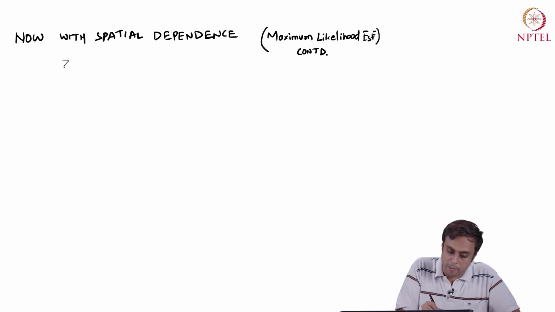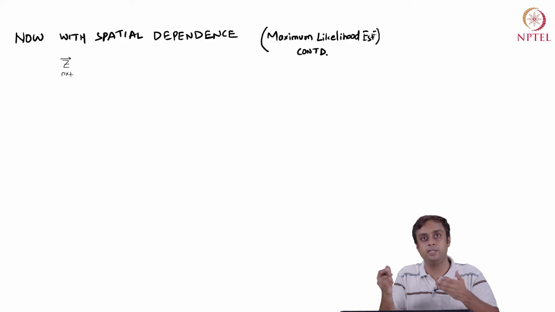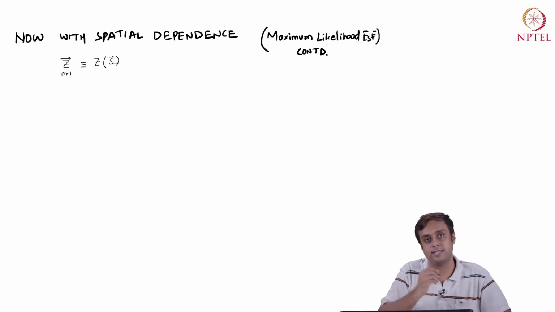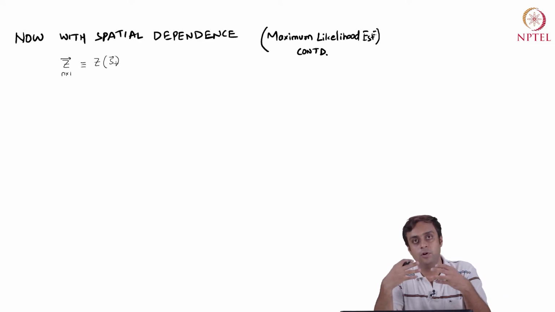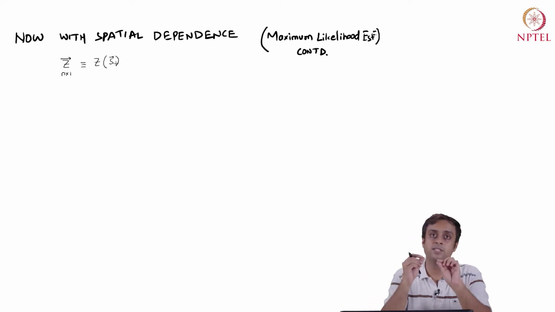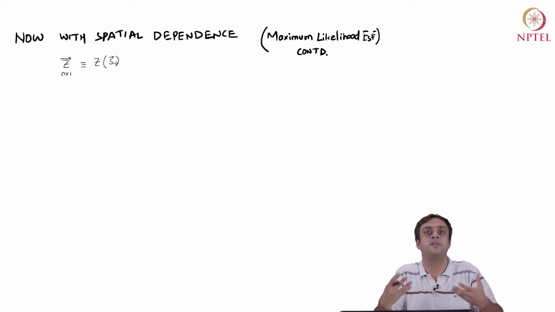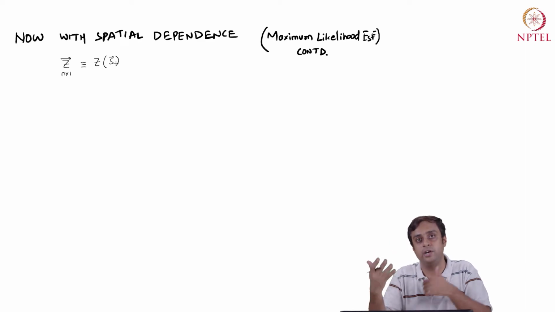So, now my sequence Z, which is the sequence of data points, the n data points that I have, I am going to now define it with a location vector S. So, instead of working with the sequence Z1 to Zn, I am now bringing in these location indices S1, S2 till Sn, just to notationally represent the data being a spatial data set, right.